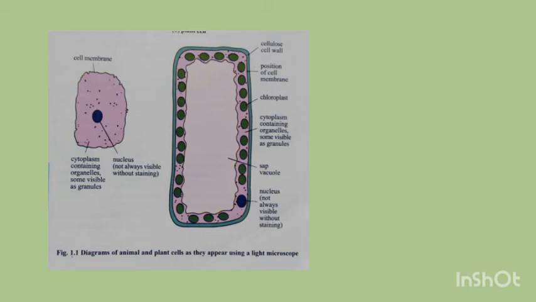Chloroplasts contain a green pigment, a colored substance called chlorophyll. Chlorophyll absorbs energy from sunlight, which the plant uses in photosynthesis. So photosynthesis happens inside chloroplasts. Photosynthesis makes sugars, a kind of carbohydrate, from carbon dioxide and water.